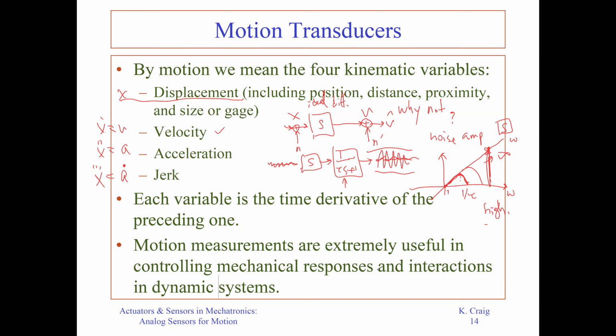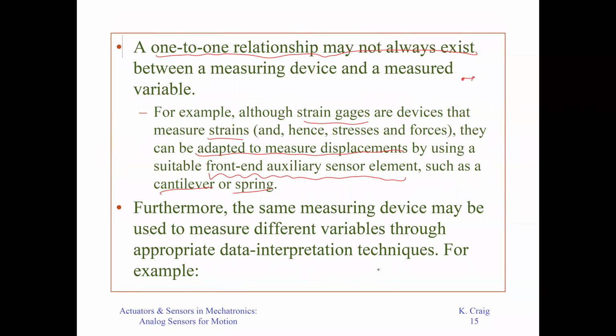If you have very high frequency here, your magnitude of amplification is also very, very high. So we still need analog motion sensors, analog speed sensors, acceleration sensors, and so on and so forth.